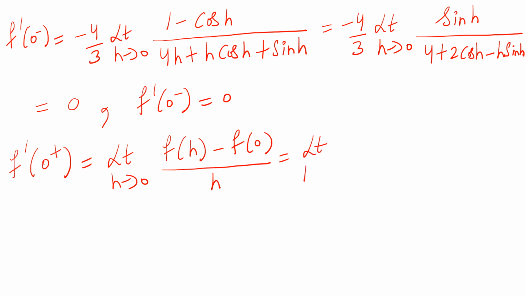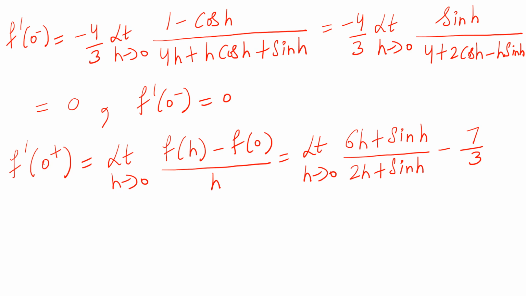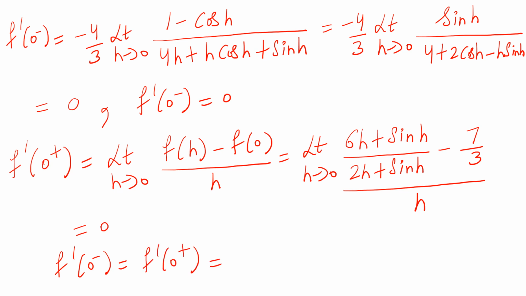Now this is equal to limit h tending to 0, (6h plus sin h whole divided upon 2h plus sin h minus 7 upon 3) whole divided upon h. Now students, the value of this limit is equal to the value of the previous limit because minus 0 is equal to 0. So from here we conclude that f dash 0 minus is equal to f dash 0 plus is equal to 0.